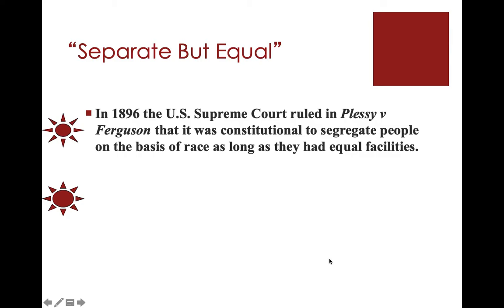This man pursued the case all the way to the Supreme Court. And in that case, it was determined that having separate railroad cars was constitutional under the interpretation of the US Constitution, as long as the railroad cars were equal in nature.